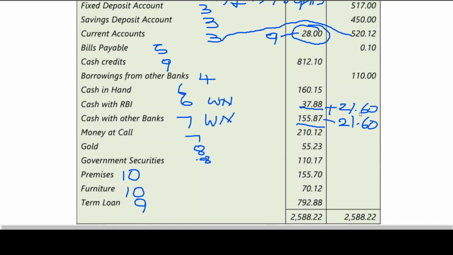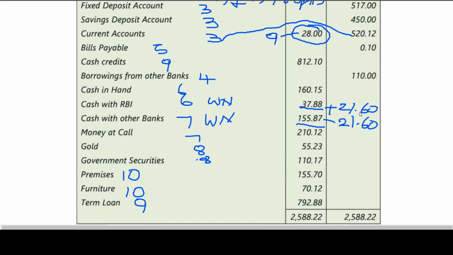How you got excess cash liquidity, my dear friends? That I already told you. Liquid assets minus 23% statutory liquid ratio. At present, I told you 19%. If in the examination problem they are asking you to calculate SLR, it is to be 19% on deposits.